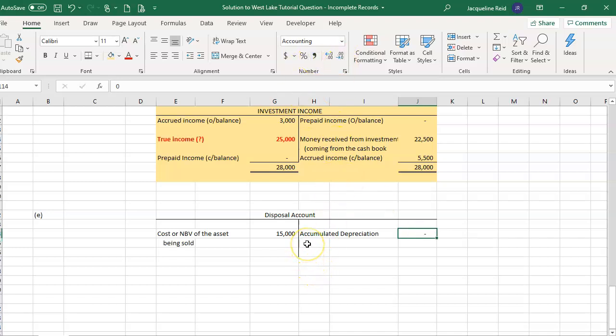Now, what we're going to need, however, is the disposal proceeds, meaning the money that Westlake would get from selling the asset. Now, where would this money be recorded? If Westlake is getting cash for selling the asset, we must look for it on the debit side of the cash book. And when we look there, we see a figure for $11,500 as sales proceeds from the disposal of the asset.